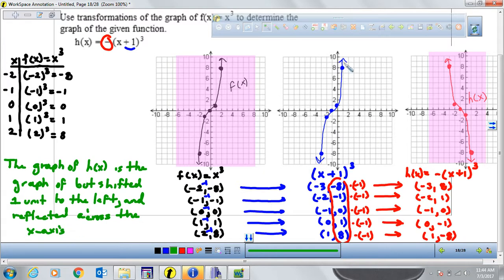You can see that it was reflected downward. So that's what happened to the graph. So it was reflected over the x-axis to create this right here.